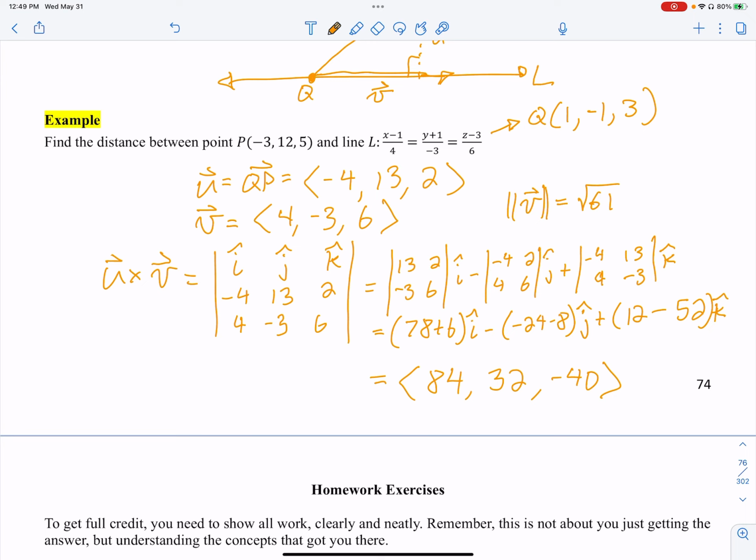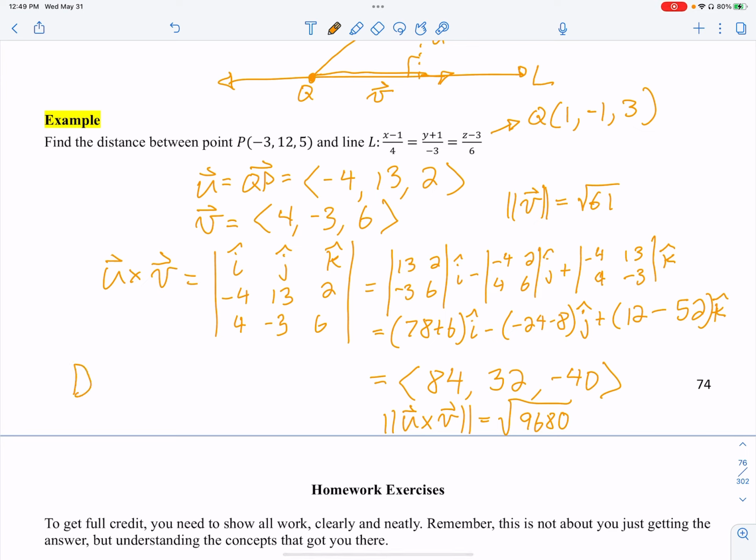I also need the magnitude of u cross v. So the magnitude is going to be quite large, I bet. So I'll do this one in my calculator. 84 squared plus 32 squared plus 40 squared is 9680. Let's see if that goes down any nicer. It does not, so we'll leave it like that.